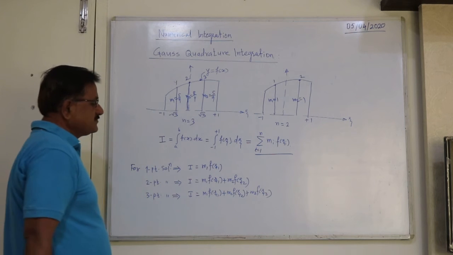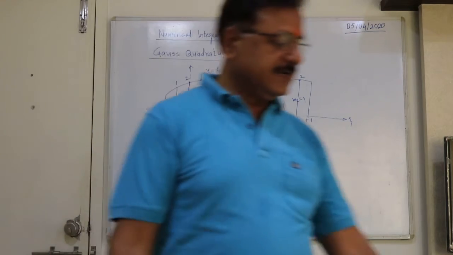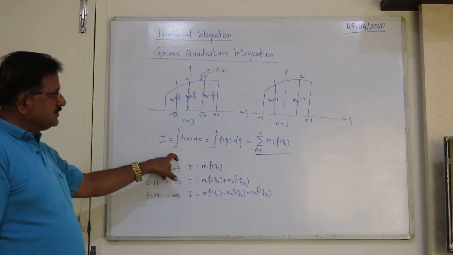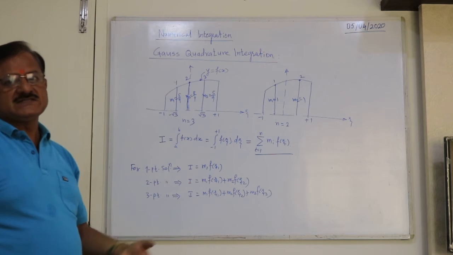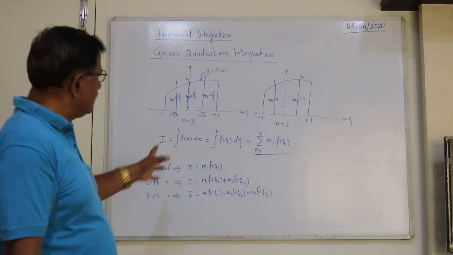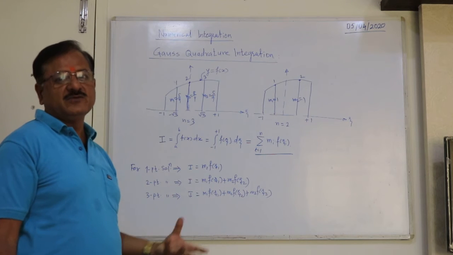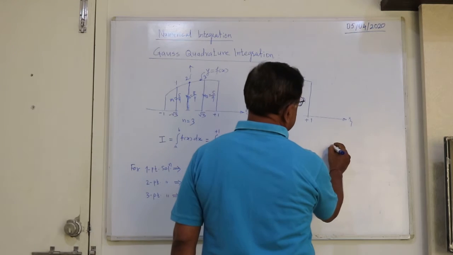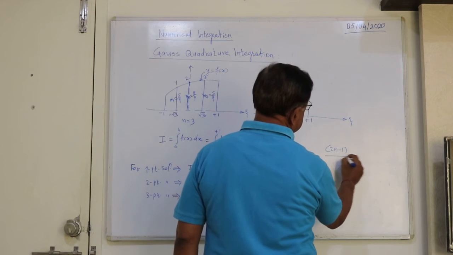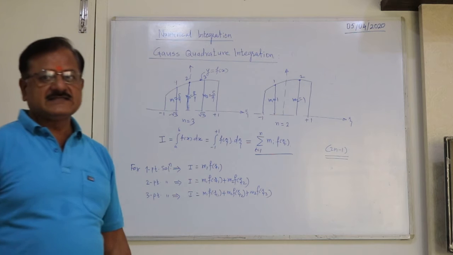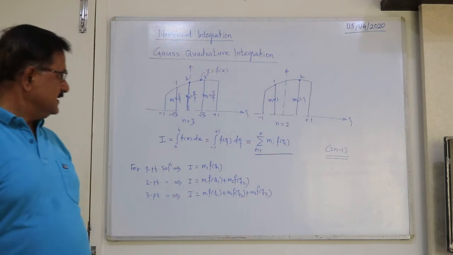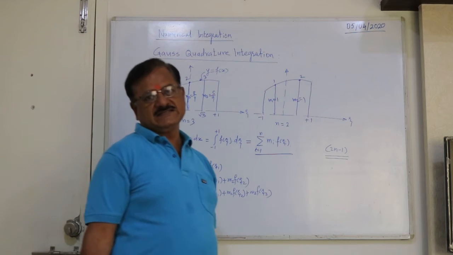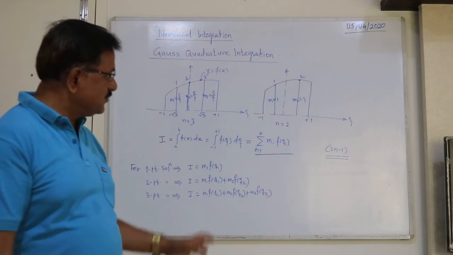So to calculate the numerical integration by using the Gaussian points, how many Gaussian points are to be considered depends upon the function or polynomial for which we have to calculate the integral. For exact or accurate results, the number of points is considered equal to 2n minus 1, where n is the number of Gaussian points.